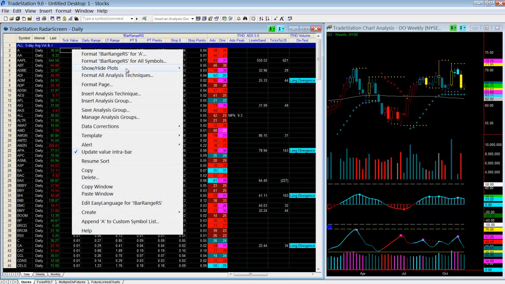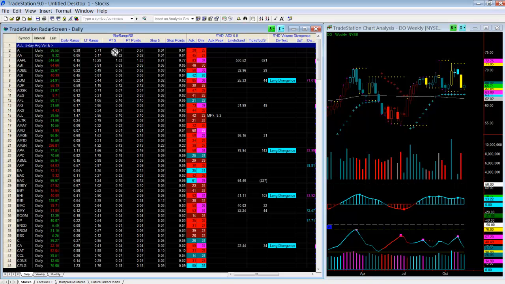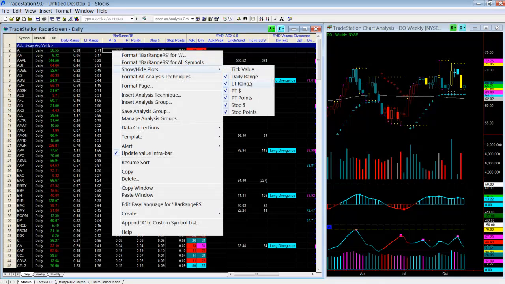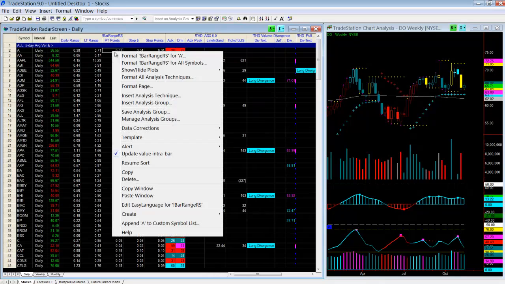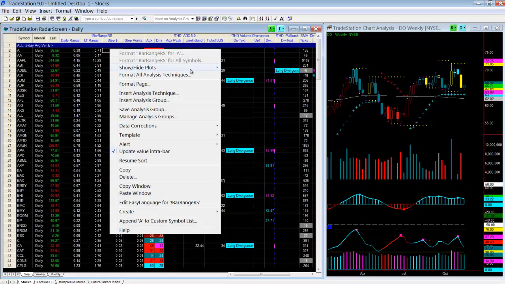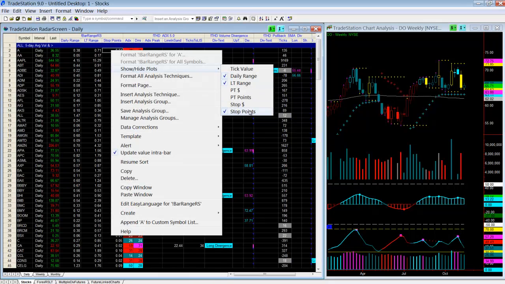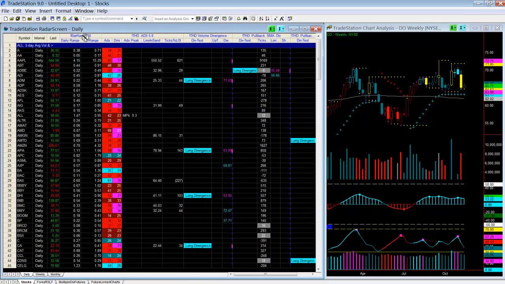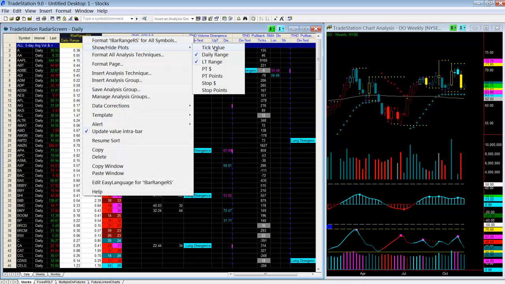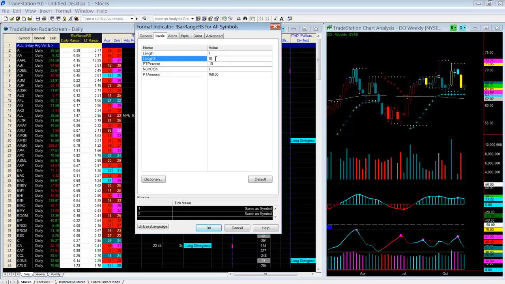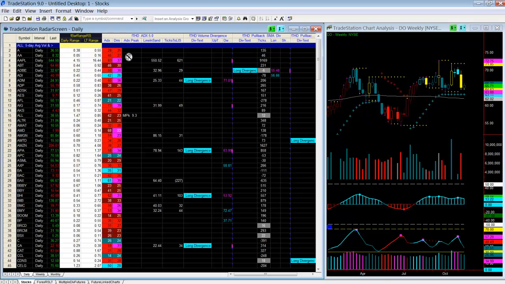I'm going to take out the tick value and all of this other stuff because I don't need to look at it. Now we're going to change the bar range and format it, and let's put 5 days in here. So we just want the average for the last 5 days.